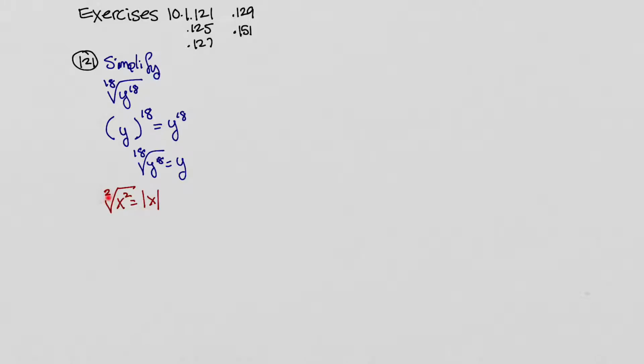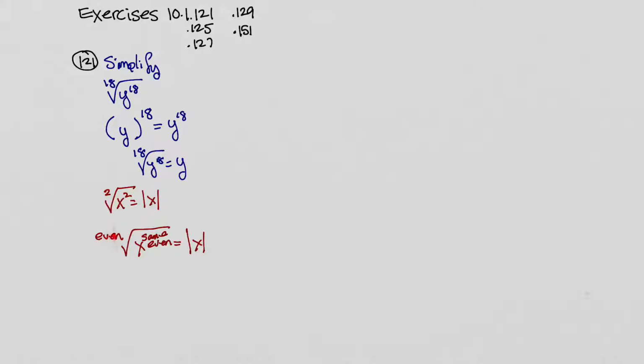Now, we wrote it for square and square, but more generally the rule goes like this. If we have an even root and x to that same even root, then we get the absolute value of x. And that's what we have in this case.